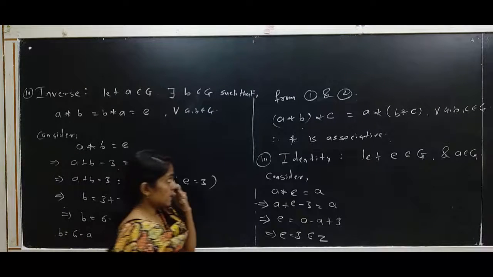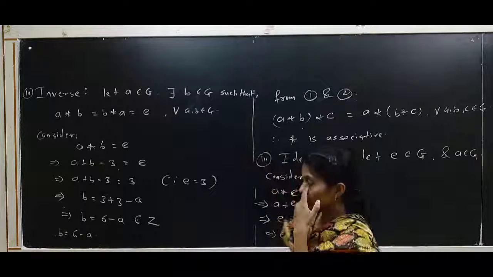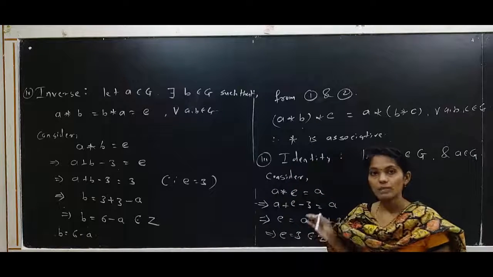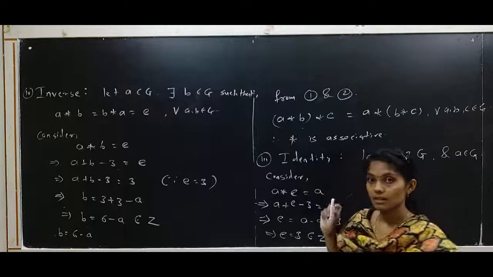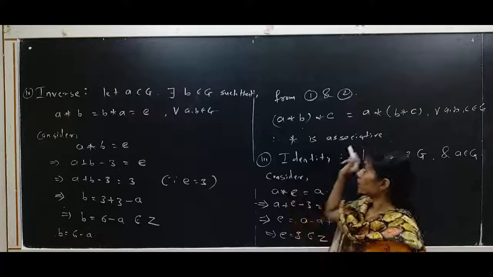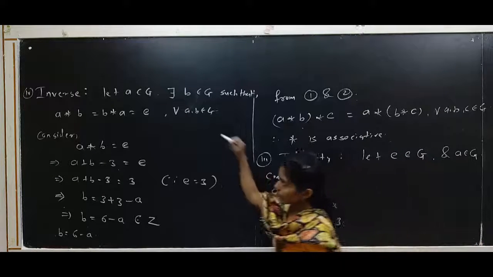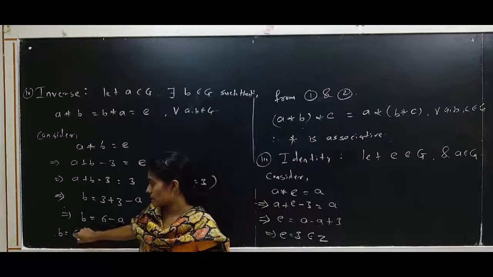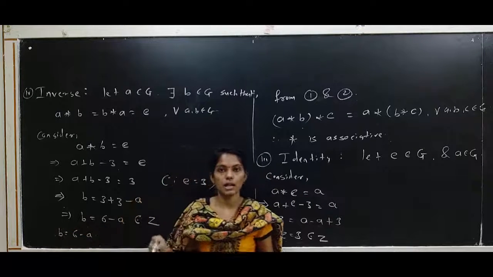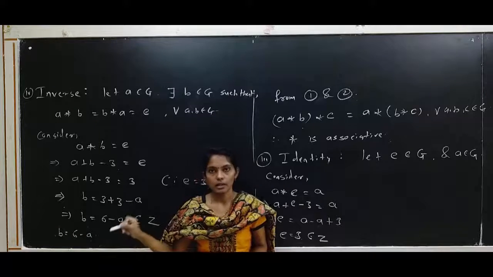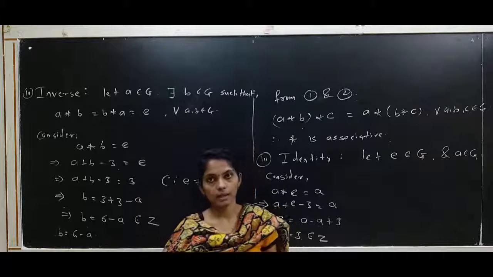So see here from 1, 2, 3 and 4. From 1 star is a binary operation, from second star is associative, from third there exists an identity element, and from fourth property there exists an inverse for each element in Z which belongs to Z again. Okay.